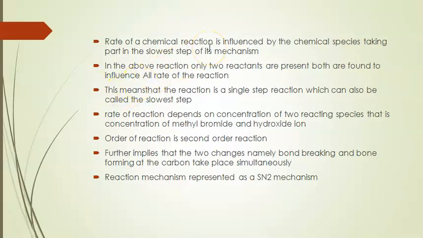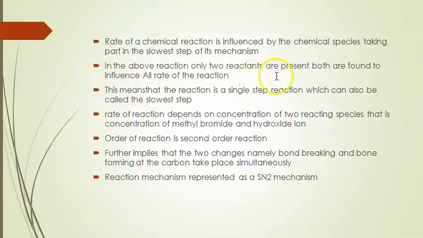The rate of a chemical reaction is influenced by the chemical species taking part in the slowest step of its mechanism, that is the formation of an intermediate. In the above reaction, both reactants are present.